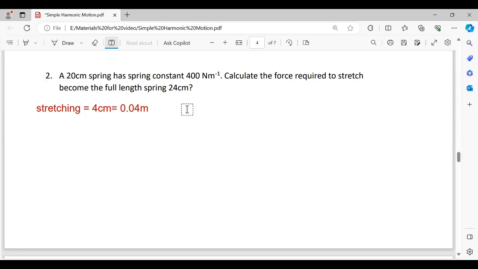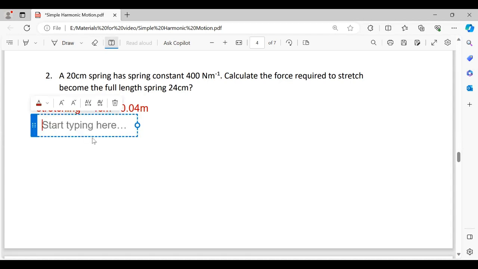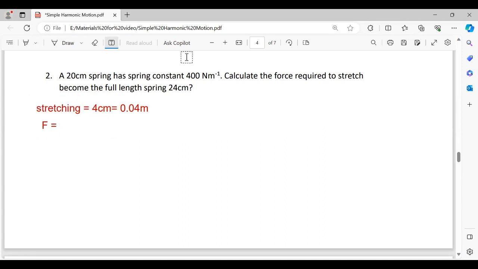Then F equals the force F equals, sorry, F equals next. It means 400 Newton per meter.